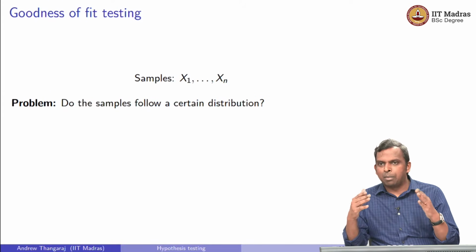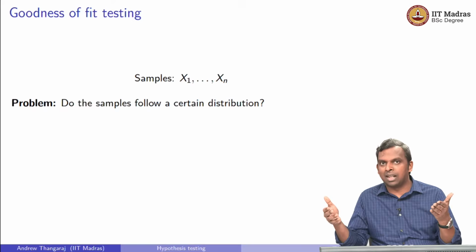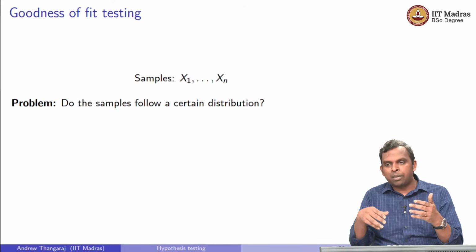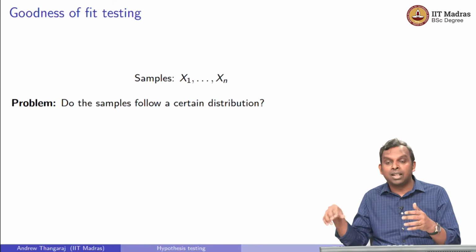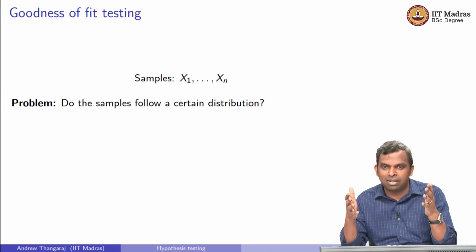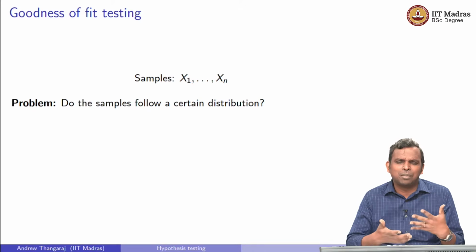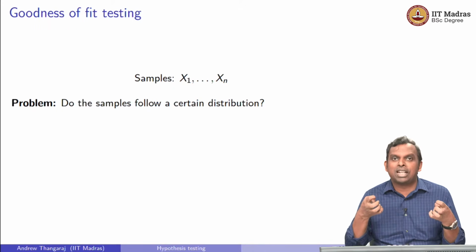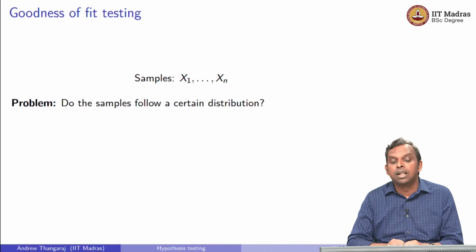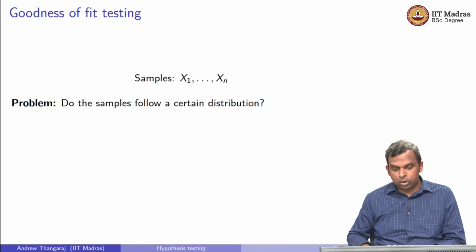We found the best possible parameters, assuming it's gamma, and then we looked at the histogram and plotted a curve on top of that, and visually we said okay, this looks good, so this is a good fit. But that's not very precise, is it? You don't get a sense of quantification of how good the fit is. So goodness of fit is also posed as a hypothesis test: do the samples follow a certain distribution?